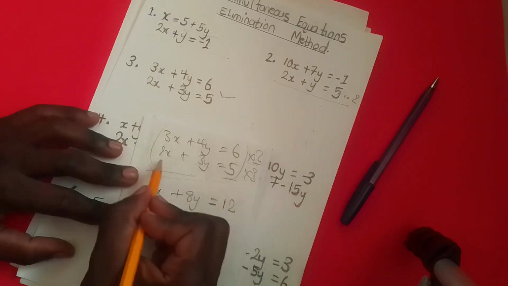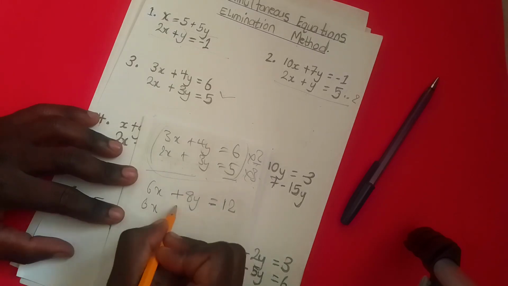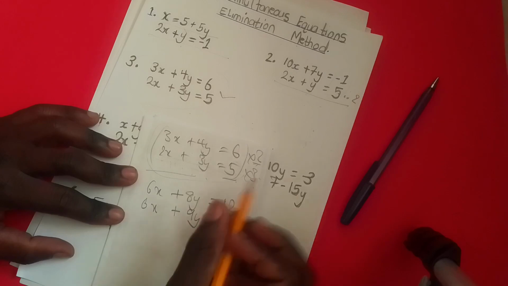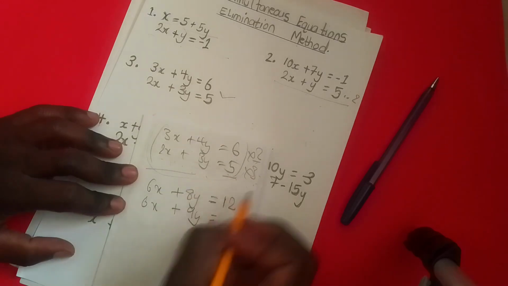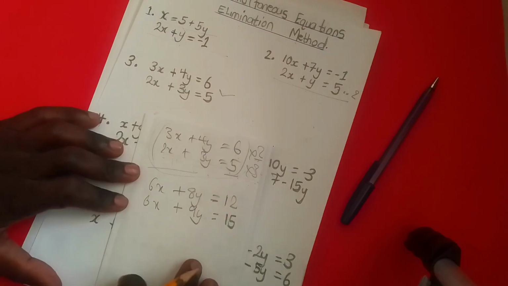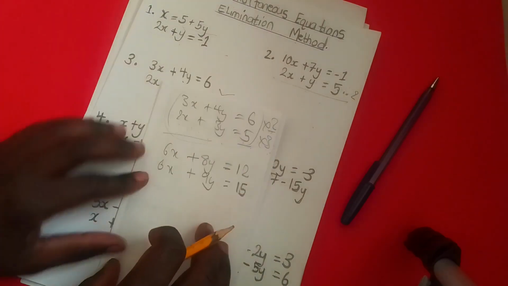Then 2x times 3 is 6x, plus 3y times 3 is 9y, equal to 5 times 3, which is 15. I think we are now clear on this.